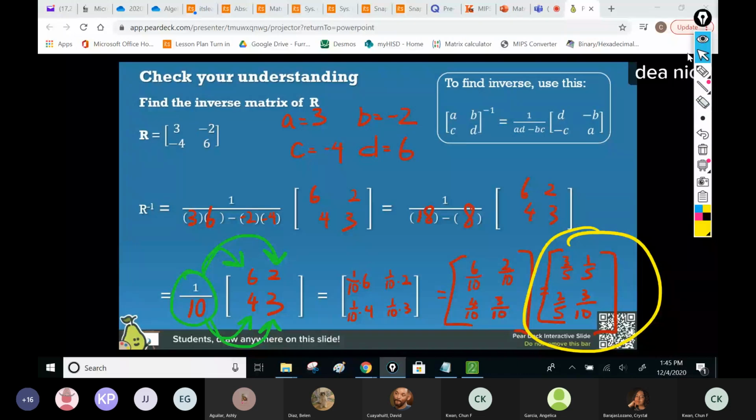You can choose either fractions or decimals. It doesn't matter. But on the exam, you better be able to convert and change between decimals and fractions because I may give you fractions, I may give you decimals.